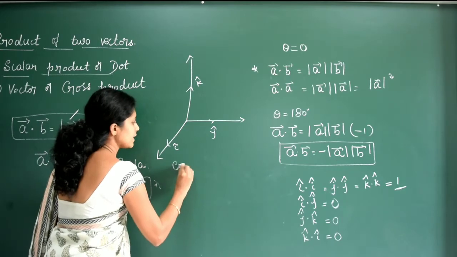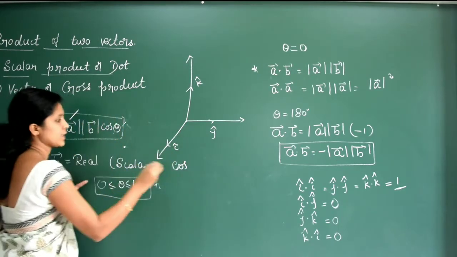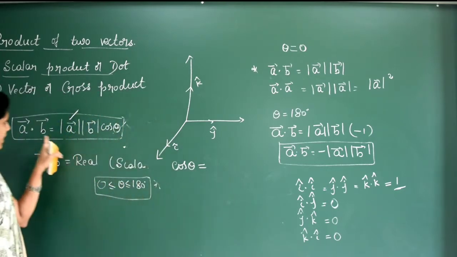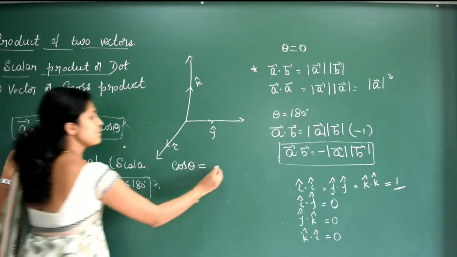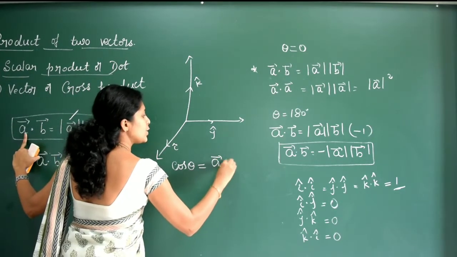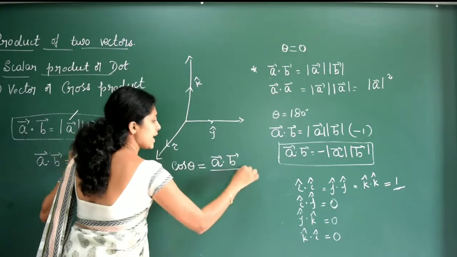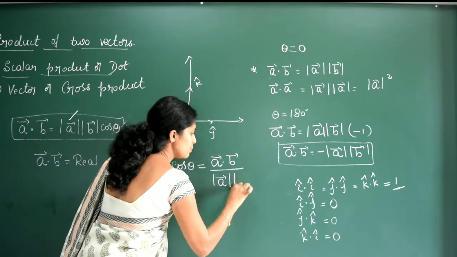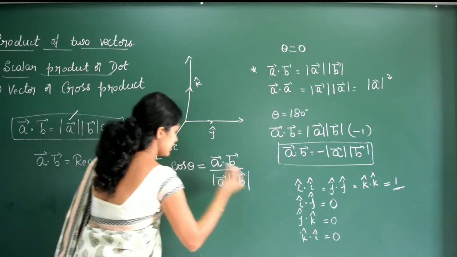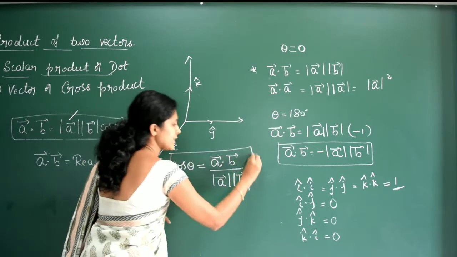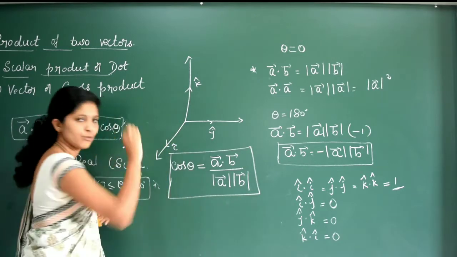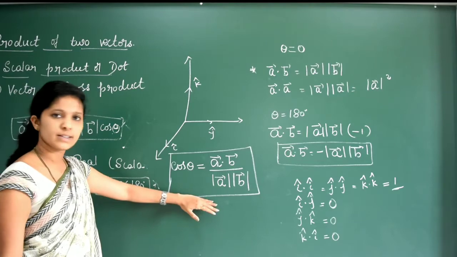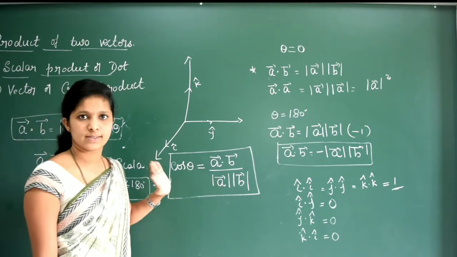To find the angle between any two vectors, we'll use the formula cos theta is equal to A vector dot B vector divided by magnitude of A vector into magnitude of B vector. Important formula. Based on this formula, the problems are there. Those are important for 2 marks.